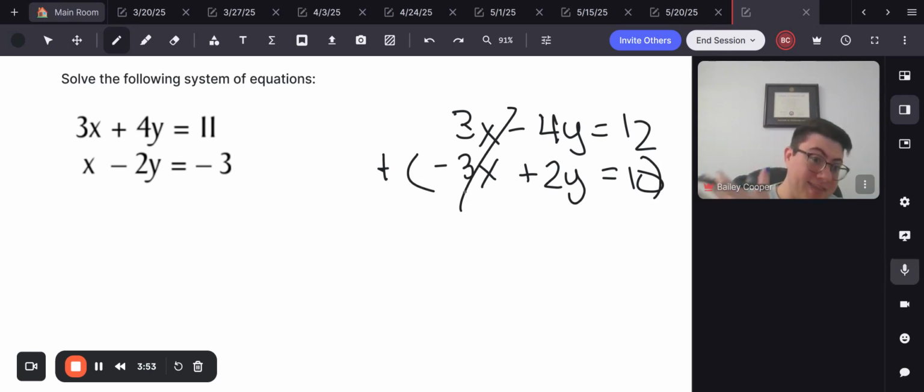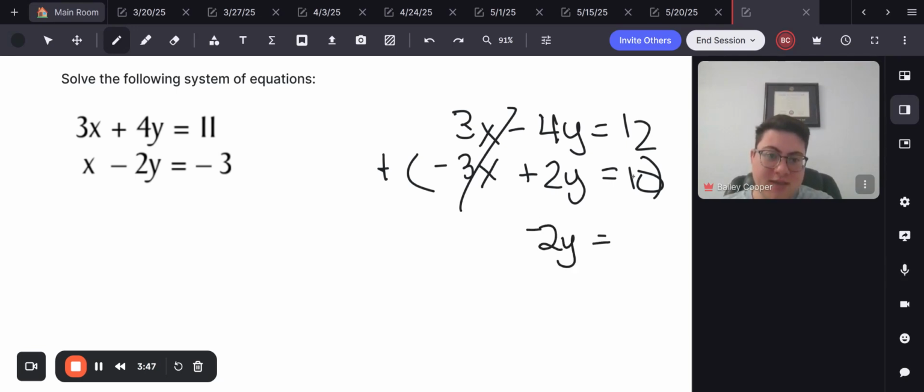The x's go away. They cancel. They're eliminated. That's why it's called elimination. Then negative 4y plus 2y is negative 2y, and 12 plus 10 is 22. Now this is a one-variable equation that you can solve for y. You get y by itself by dividing both sides by negative 2, and getting that y equals negative 11.